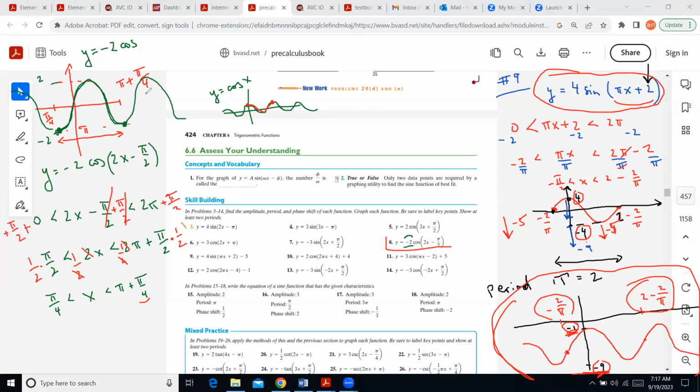So -2 means it actually starts from the bottom and goes upwards, this piece. And the other two numbers, one on the left, pi over 4, and one on the right, are always produced the same way, that pair.